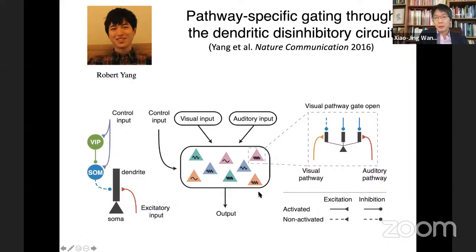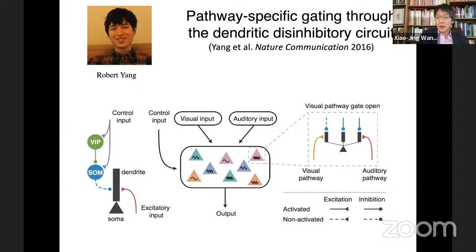Robert Young, when he was a graduate student, explored that possibility in a model where you have pyramidal cells that have a number of dendritic branches that are more or less independent. Imagine that you have visual inputs and auditory inputs that are somewhat clustered; they don't completely overlap. You also imagine that there is this disinhibited motif. Now you have several of them, targeting different dendritic branches.